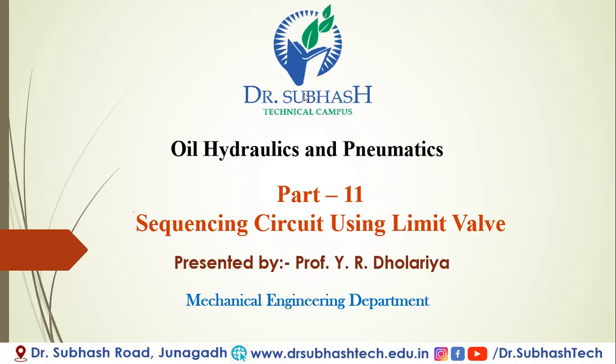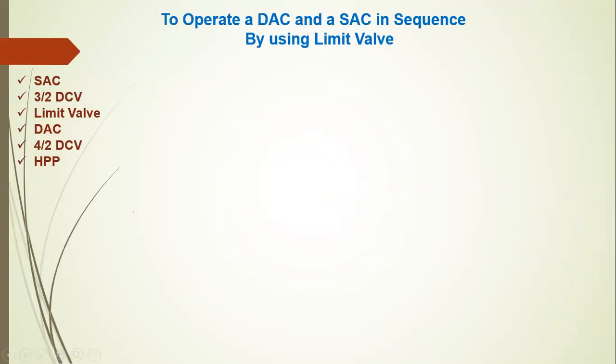Then in the last video lecture, we completed a sequencing circuit to operate a drilling machine. In this video lecture, we start the sequence circuit using a limiting valve. Here the extension and retraction of the first cylinder is operated by a limiting valve.